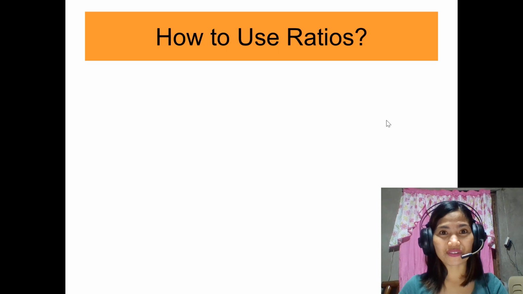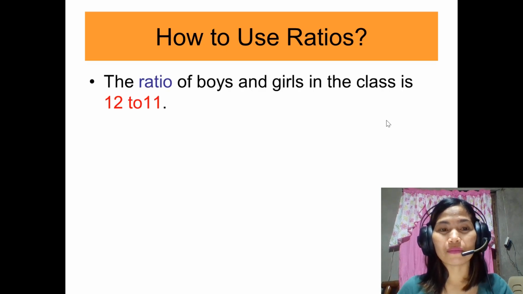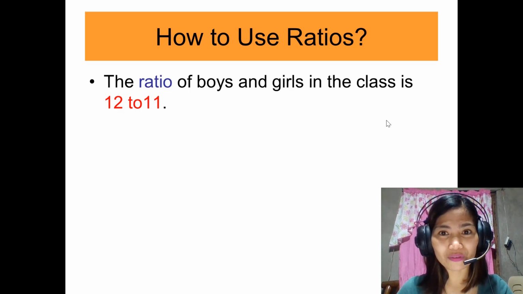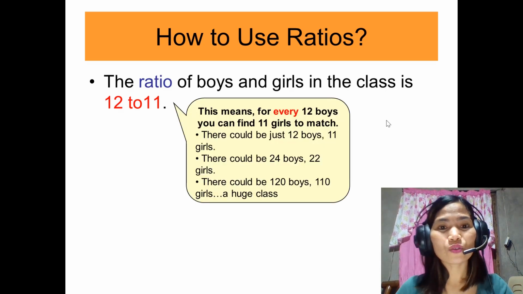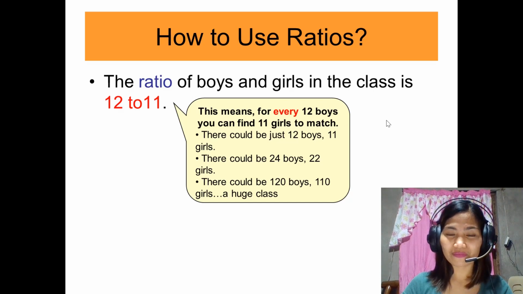How to use ratios? Number one, the ratio of boys and girls in the class is 12 to 11. So how can we use ratios to represent the number of students in the class? This means for every 12 boys, you can find 11 girls to match.